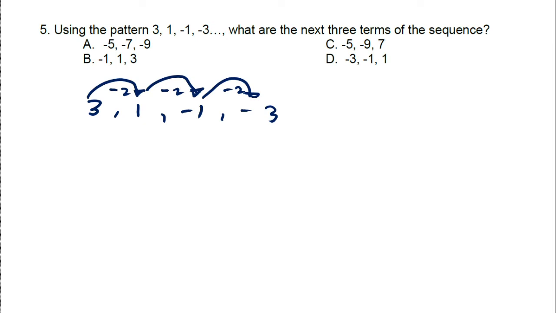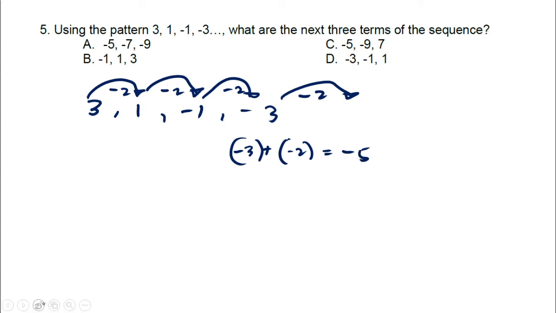Meaning to say from -3, in the next term, we're adding -2. Therefore, -3 plus -2 gives us -5. So the next term is -5.